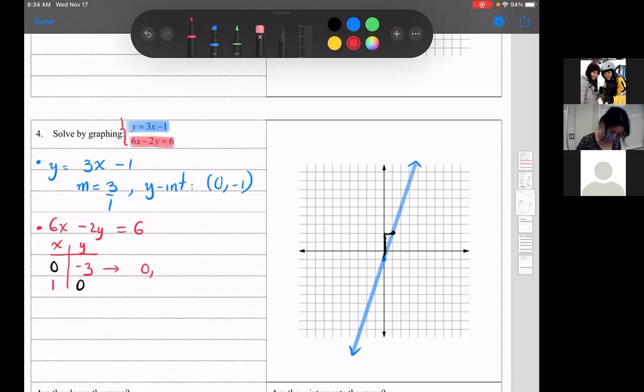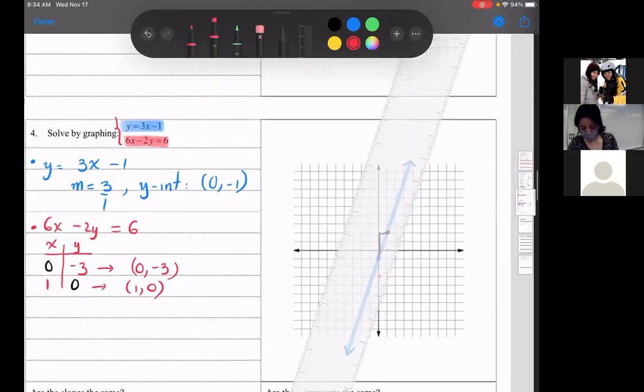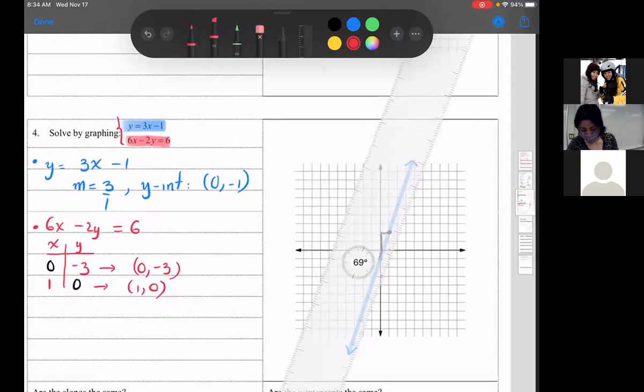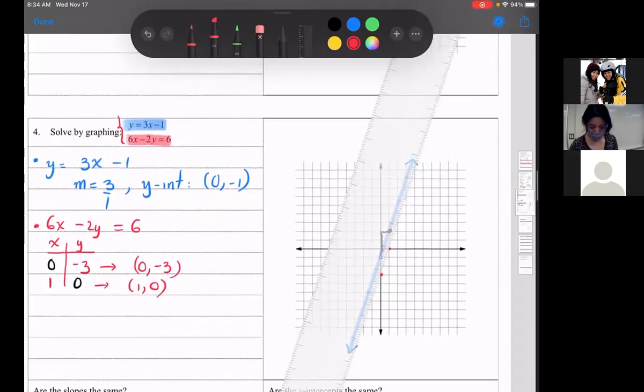So this will be (0, -3), and this will be (1, 0). (0, -3) down here, and (1, 0) right here. It's a very tight graph. Okay, do my best. Oh, come on. There we go.